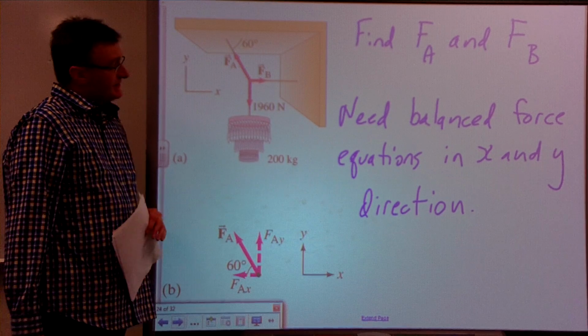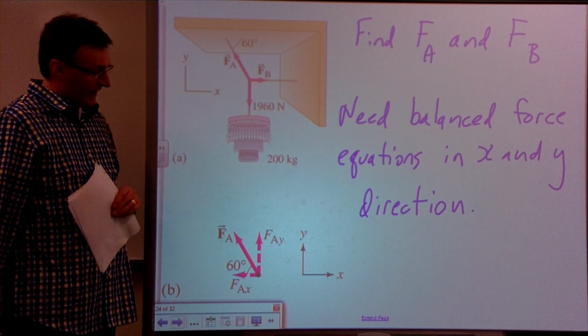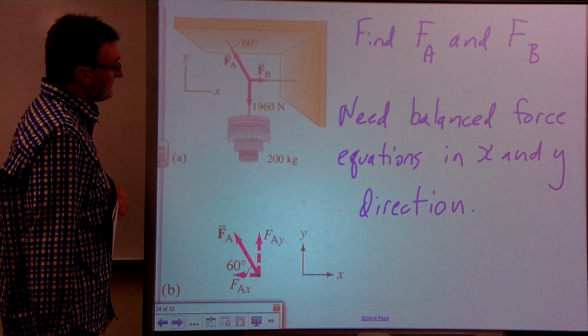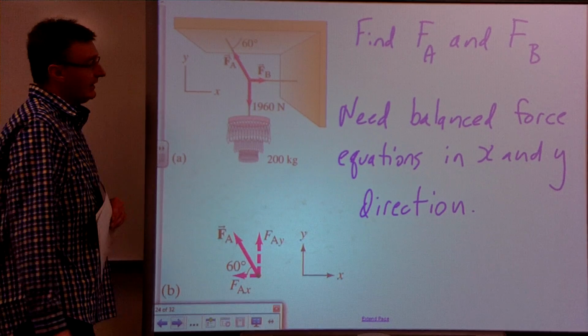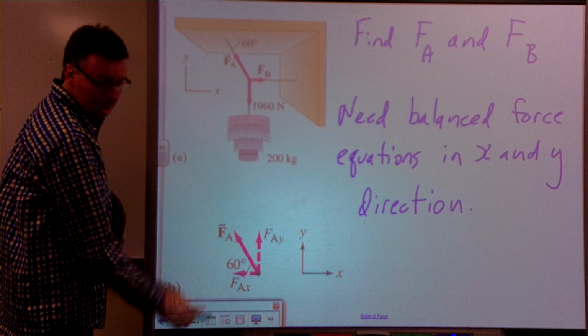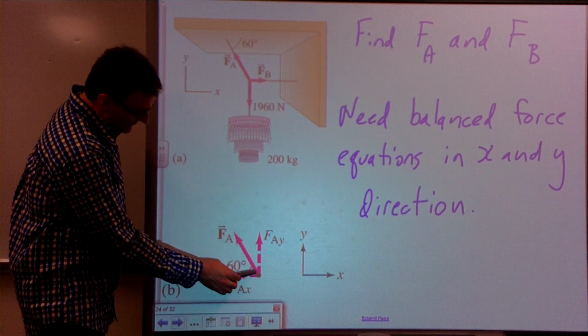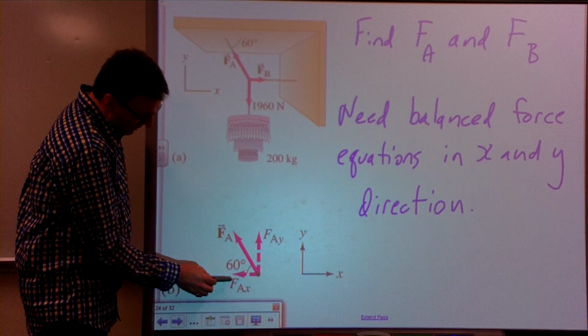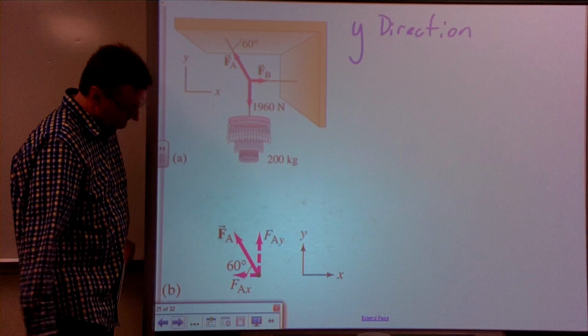The way we do that is we write balanced force equations in the x and the y direction. That's pretty easy for force B because it's only in the x direction. But force A is going to have two components, and you need to make sure that you're aware of that. So you can see force A will have a component in the x direction, and a component in the y direction.